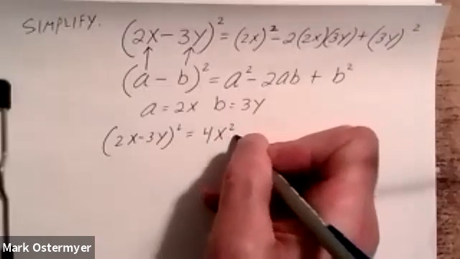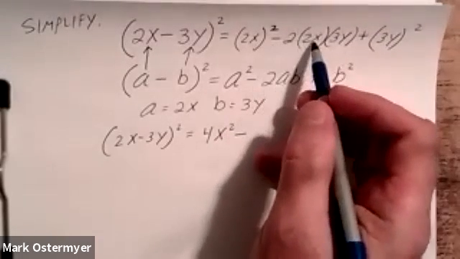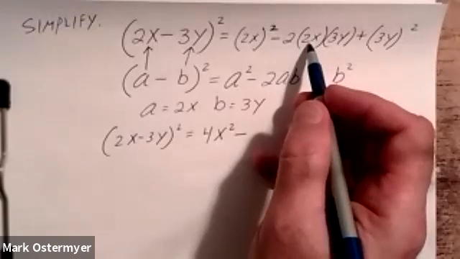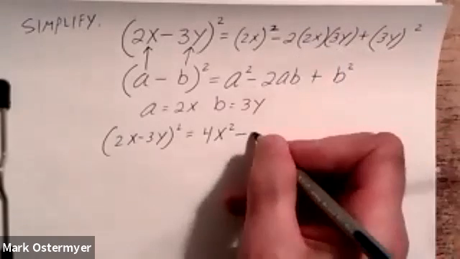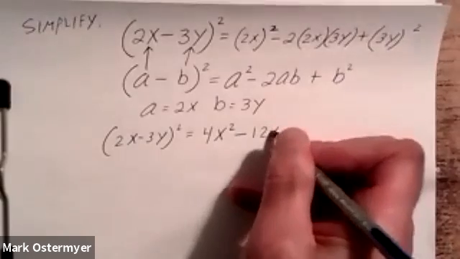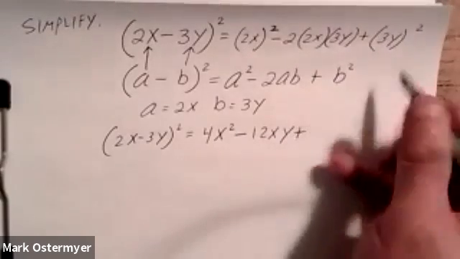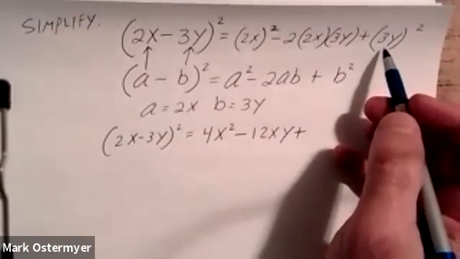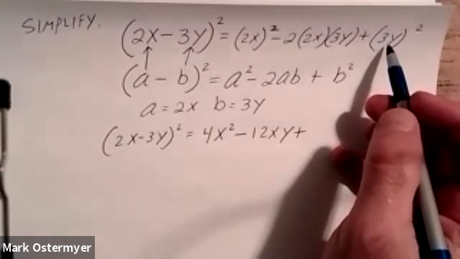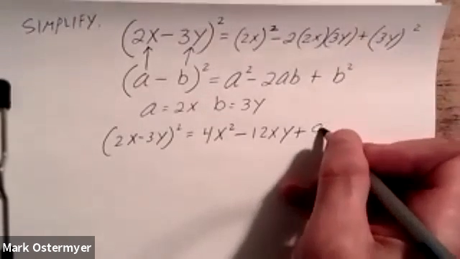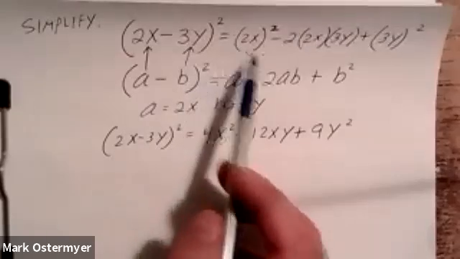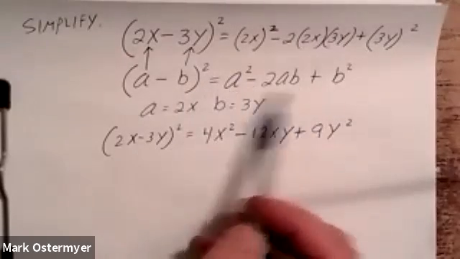Yeah, so this is going to be 4x squared, minus 2 times 2x is 4x, and 4x multiplied by 3y would be 12xy, plus, what's 3y squared? 3y times 3y is 9y squared.